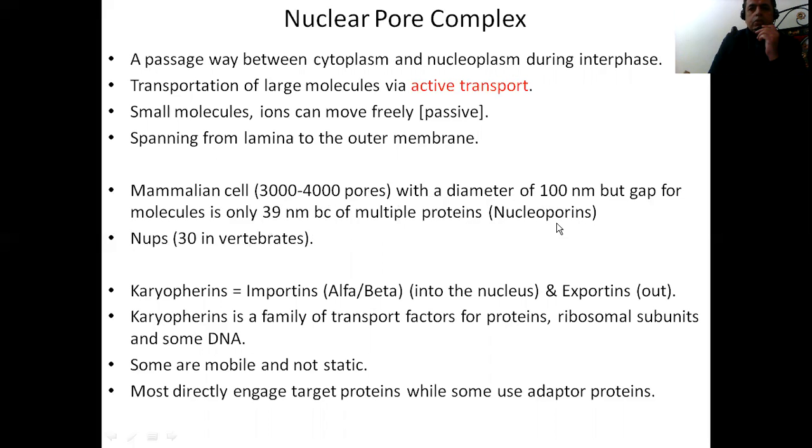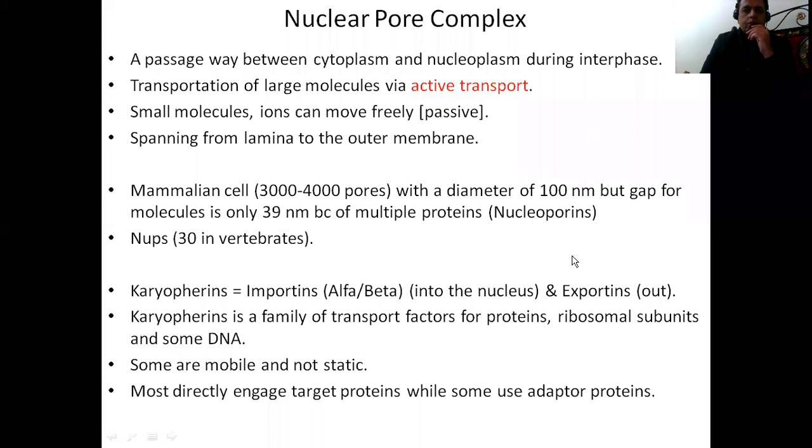When the nucleoporins, these new proteins, come together to make a hole-like structure, if you look at the diameter from the upper side, it's about 100 nanometer, but if you look at the space which is provided for the entry or exit of molecules, that is only 39 nanometer.